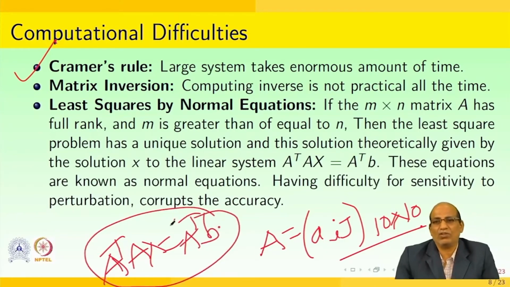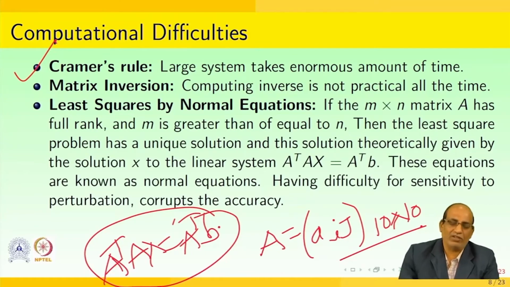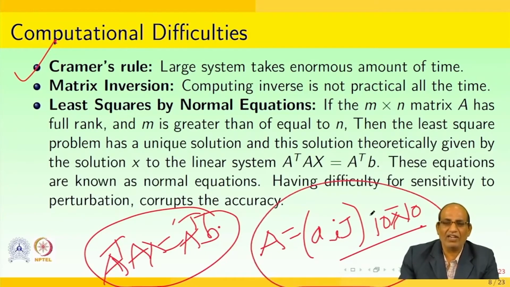So this is how you get a solution. These equations are known as normal equations, having difficulty with sensitivity to perturbation, and they corrupt the accuracy. Therefore, there is a difficulty in using these systems.